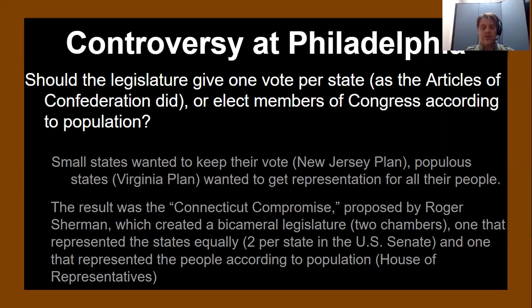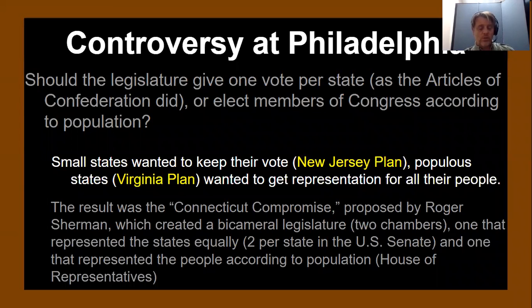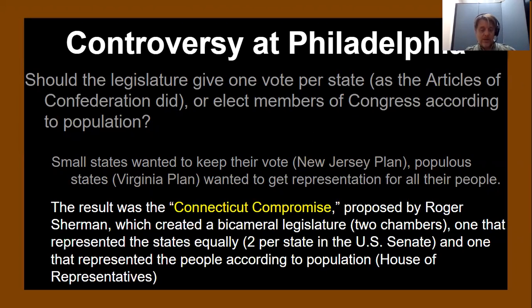was how the states were going to be represented in the new Congress. Small states wanted to keep their vote, 1 vote per state, whereas the large states wanted many votes per state based on population. This, of course, would lead to large states being able to control the small states. And there was a compromise pushed forward by Connecticut, one of the states at the time.